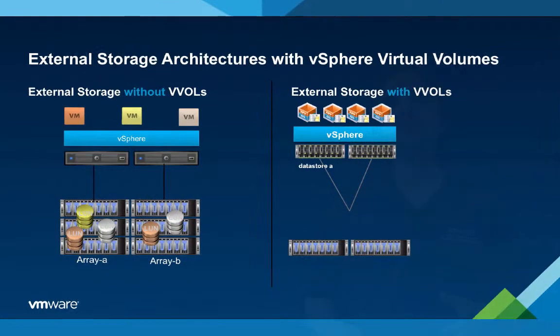With virtual volumes, the virtual machine is now the point of granularity. And we're able to create these virtual volumes down to the storage array. So every time you have a VMDK, a snapshot, maybe you have a swap file that gets created at boot, all of these things are going to become virtual volumes and going to be added down to the storage array.